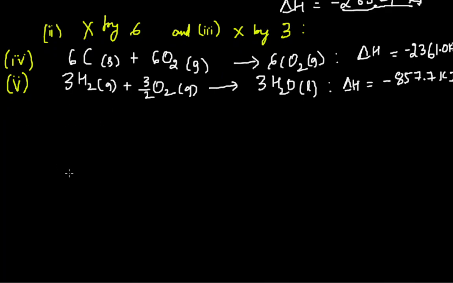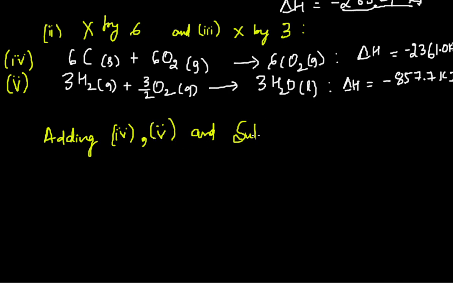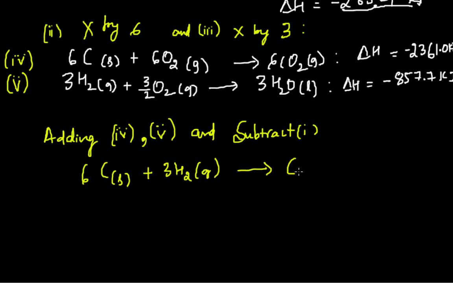So if we add 4 and 5 and subtract 1, what we get is 6 carbon solid plus 3H2 gas reacts to give C6H6. This is not how benzene is experimentally formed in lab conditions.